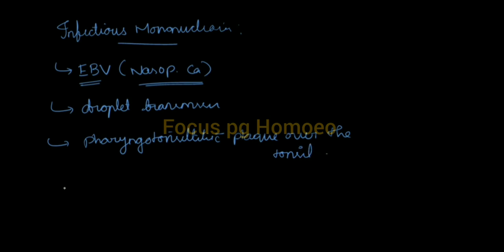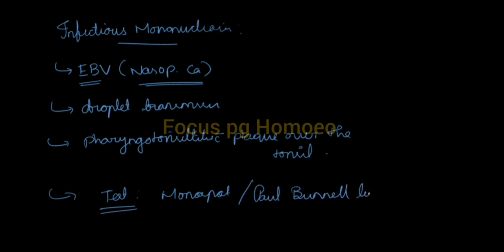This can be identified with the help of a test, which is also an MCQ one, that is the monospot or Paul Bunnell test. So in infectious mononucleosis the causative organism is Epstein-Barr virus, which is also a cause of nasopharyngeal carcinoma.